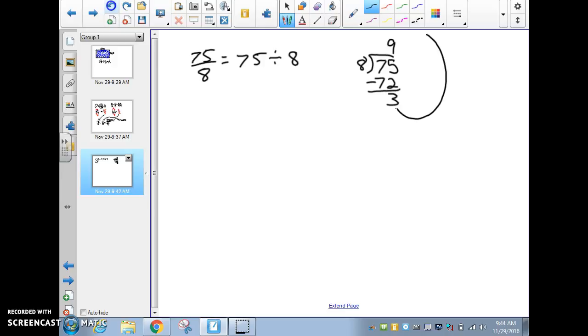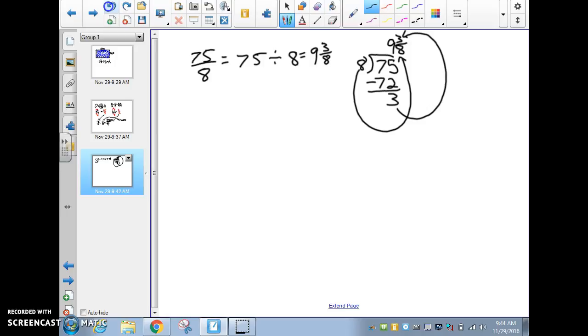Now that remainder turns into the numerator of a fraction, and the divisor turns into the denominator of that fraction. Now let's come back over here. 75 eighths equals 75 divided by 8, and then from doing that division, we figured out that 75 divided by 8 equals 9 3/8.